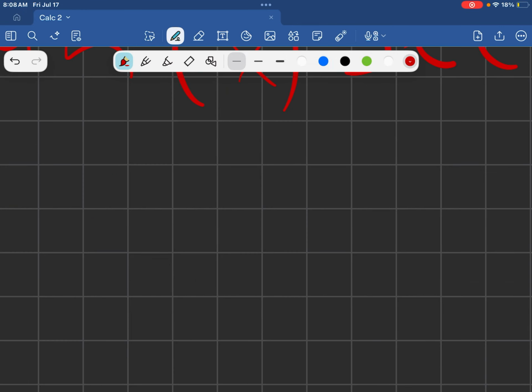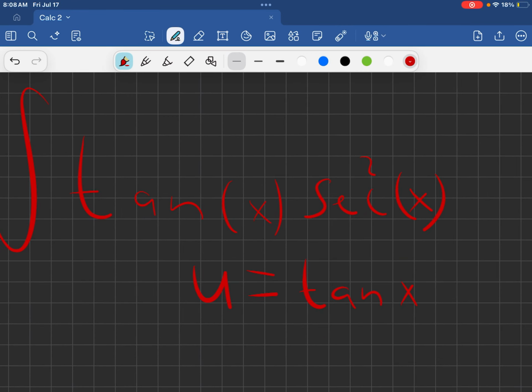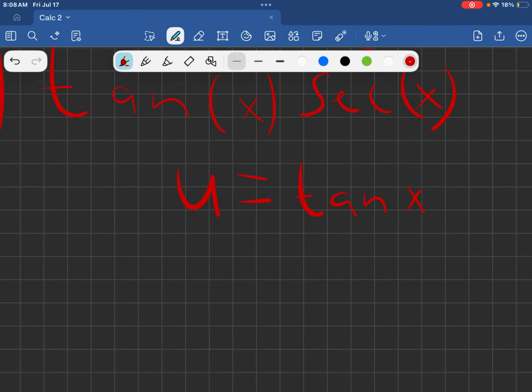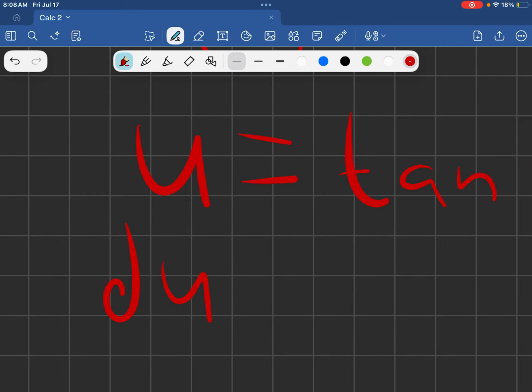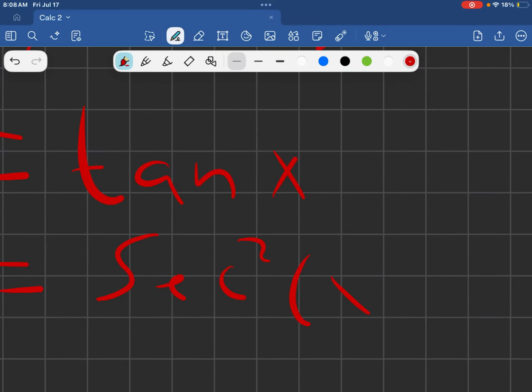So if I use tangent as my u, this is why it's important you don't just look at the powers, because if you did just look at the powers, you'd think this is going to be your u, but really it's going to be tangent of x. Because when you take the derivative of tangent of x, you know it's equal to secant squared of x.